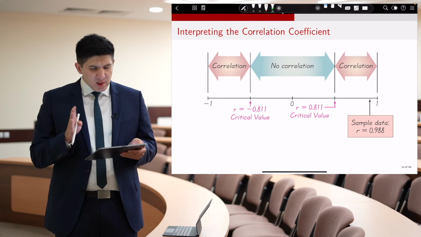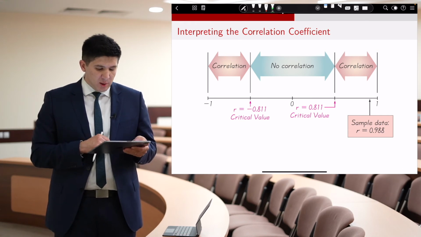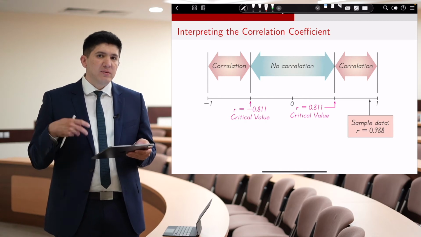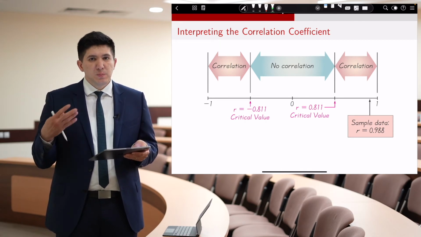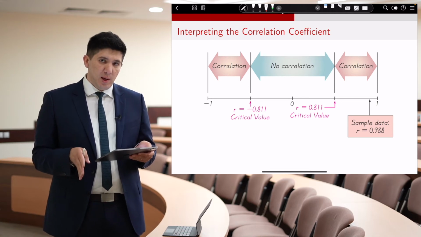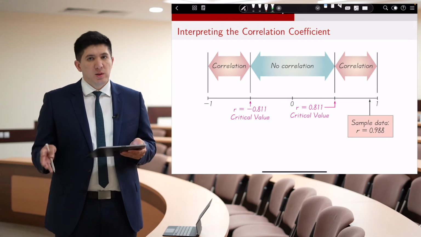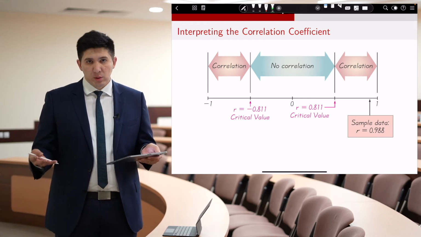Well, in the book, thresholds are given for this coefficient r. It says that if the value of r you've calculated is bigger than 0.811 or smaller than minus 0.811, then we say that data points x and y are strongly correlated.